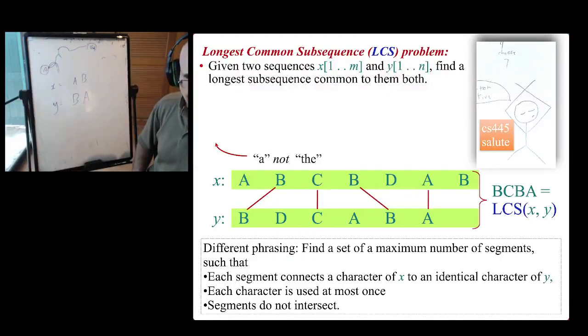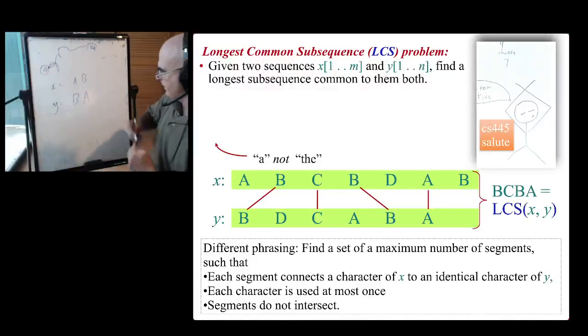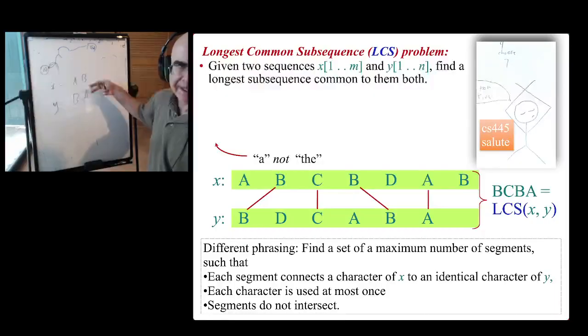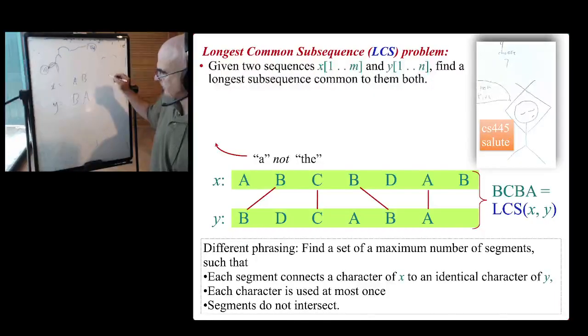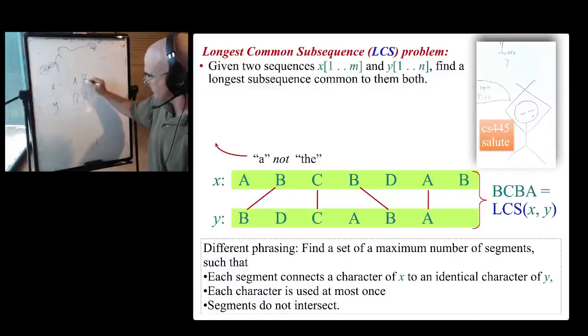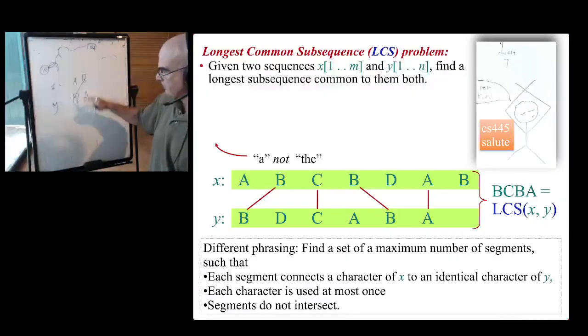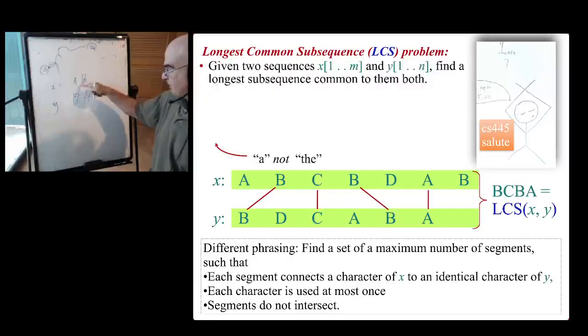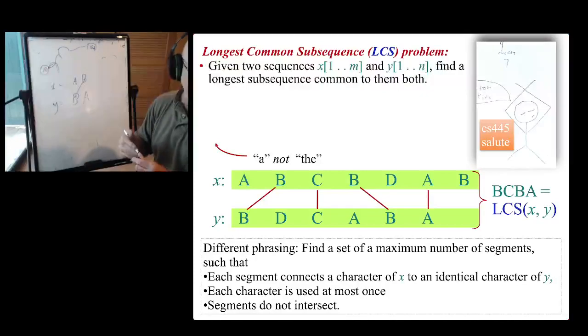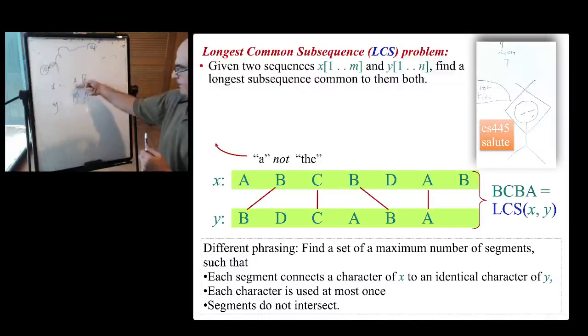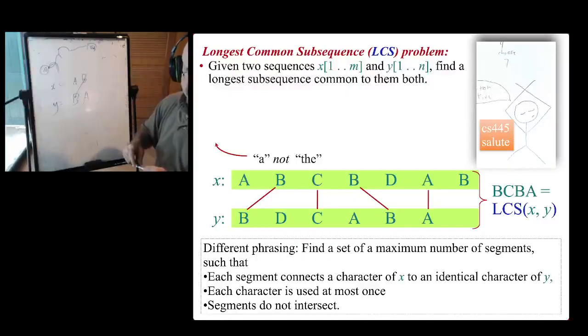The length is 1. I can remember a subsequence has the order implicit in it. I cannot change the order. So I can match the B to the B, but then I cannot match the A to the A. Or I can match the A to the A, but then I cannot match the B to the B. Definitely the LCS is not AB because it has a different order than BA.